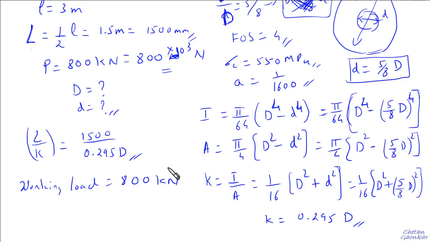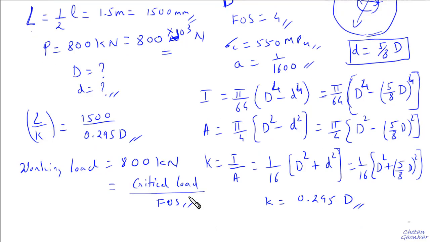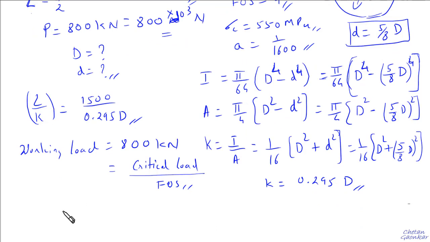And then the critical load is nothing but, we know, working load times factor of safety, because working load is given as the critical load divided by factor of safety. Yes, so therefore the critical load, that is P suffix R, PCR from Rankine formula, will be equal to what?